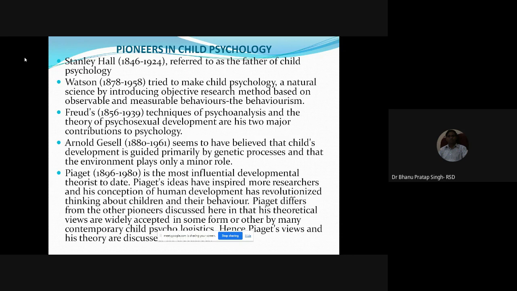But Piaget differs from other pioneers, means Piaget differs from Stanley, Watson, Freud and Gesell, because his theoretical views are widely accepted. He analyzed and has given a very clear theory.